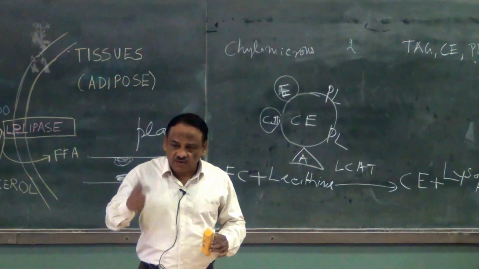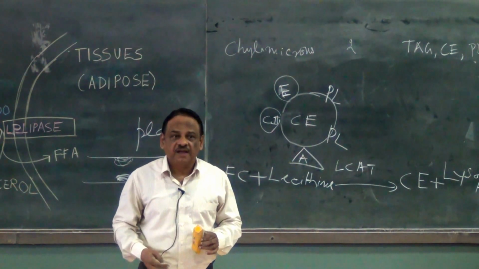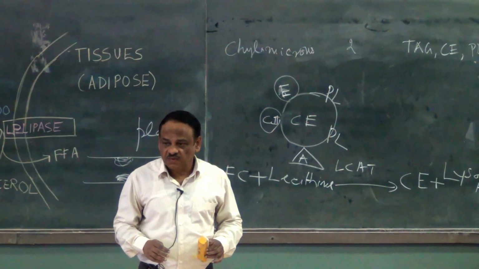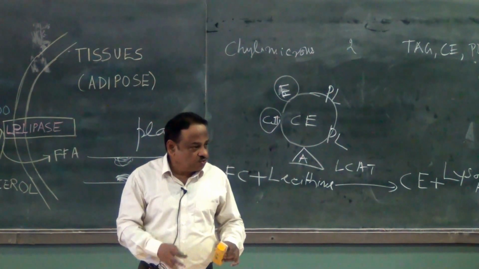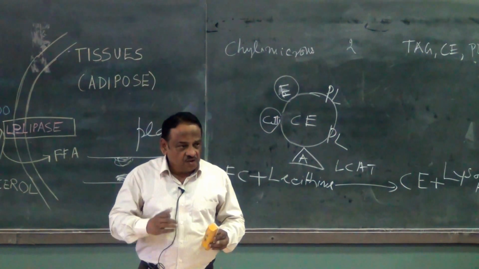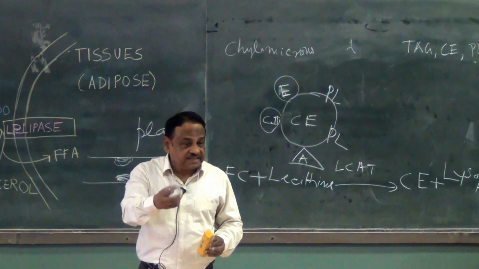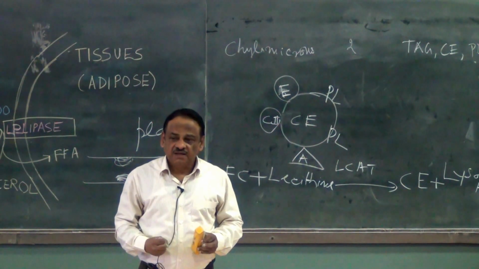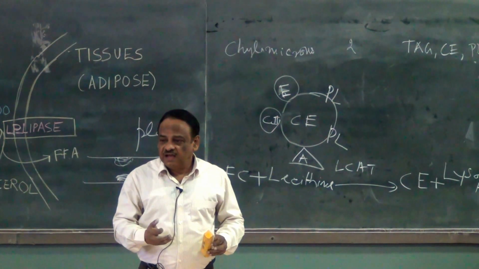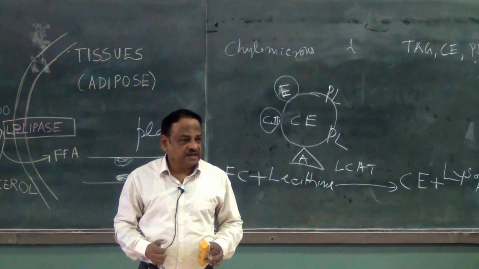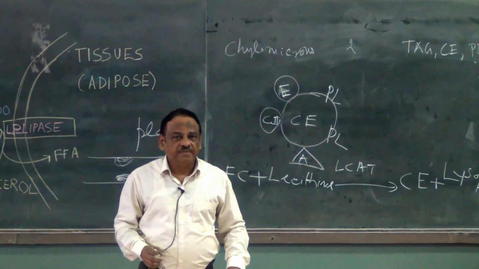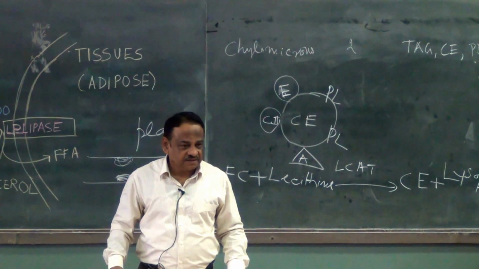It goes on collecting cholesterol and esterifies it, and it is now converted to HDL2. And this HDL2, which carries all the cholesterol in the ester form, goes to the liver, and in the liver it is taken out. Now from the liver, the excess cholesterol can be excreted.